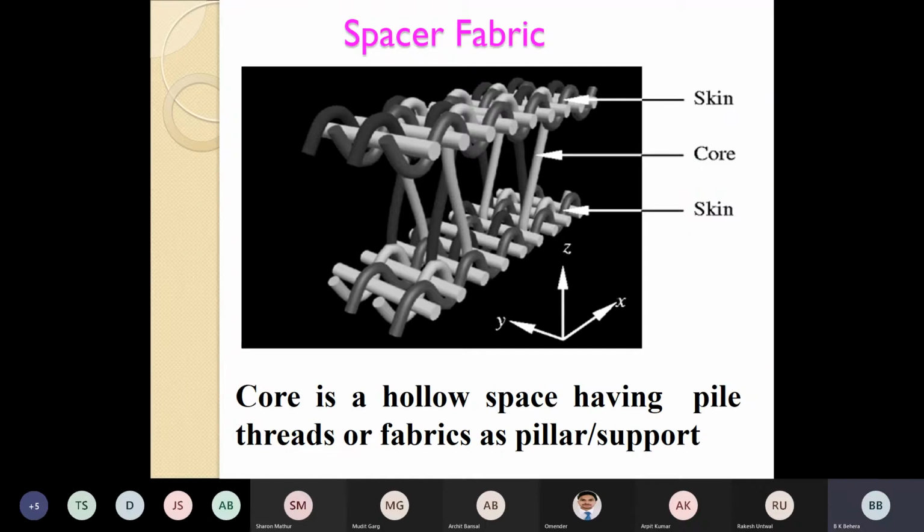A schematic of spacer fabric. As you can see here, there is a skin both on top and bottom. Some yarns are joining these two skins, maintaining a gap in between.